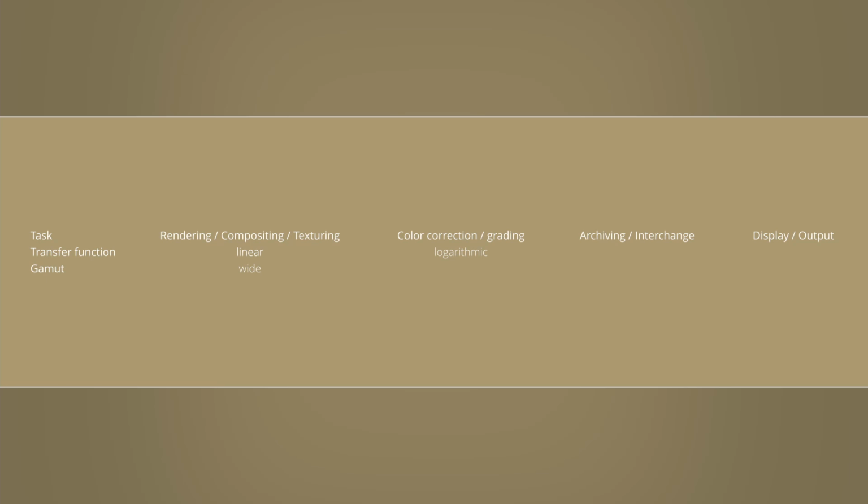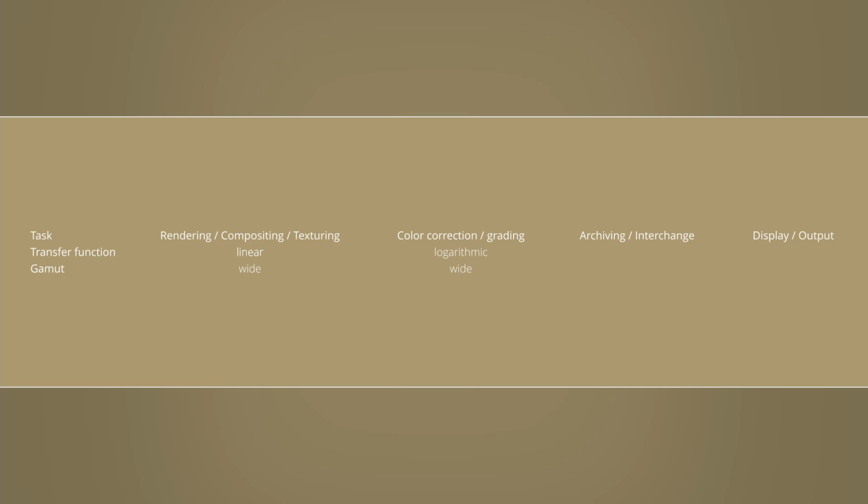Cineon is the oldest of the three and had a big impact on shaping both grading algorithms and other log curves. S-Log and Log-C, for example, are often described as Cineon-like. In addition to a logarithmic transfer function, we would also want to use a wide gamut in order to avoid clipping our color range.